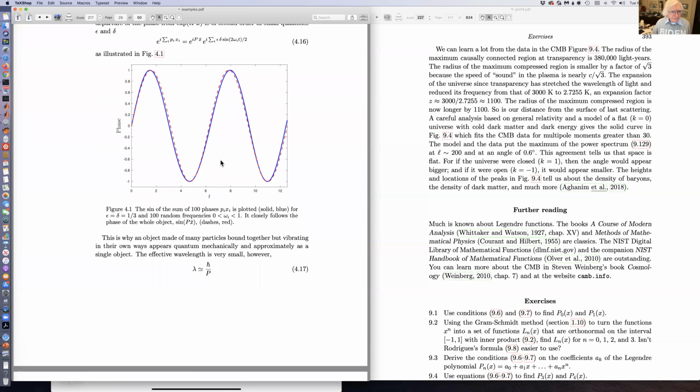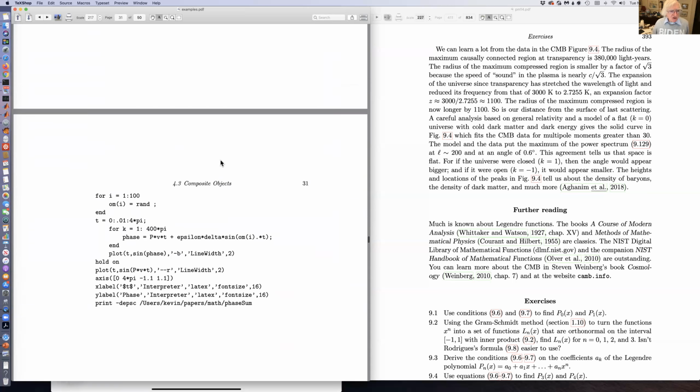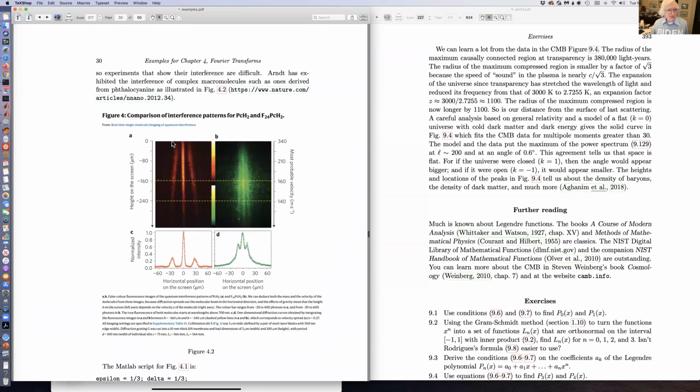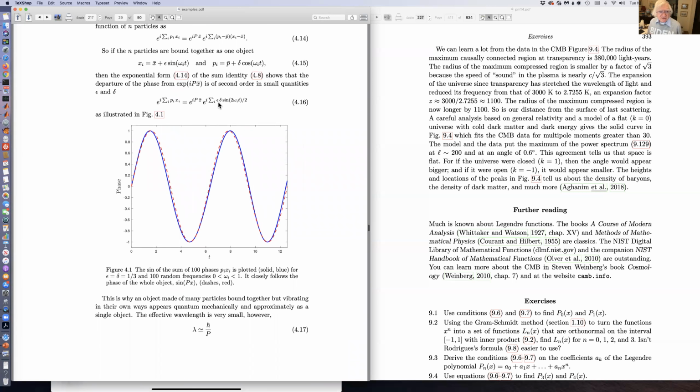And so I wrote a MATLAB script, which is reproduced here. You can probably write a much better script. But anyway, the point is that the deviation from the average phase is quadratic, or second power. It's proportional to epsilon times delta, in other words, times sine of 2 omega_i t over 2 summed.